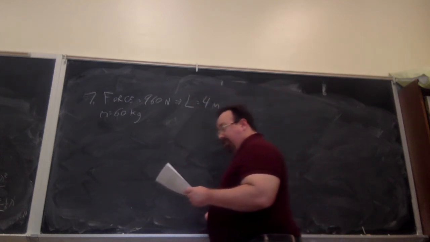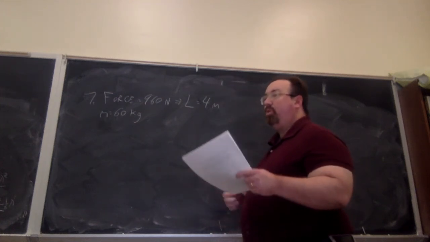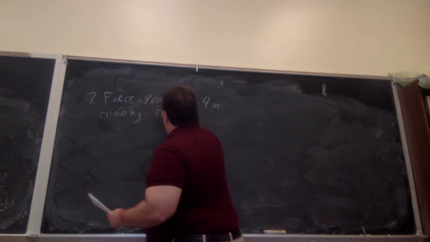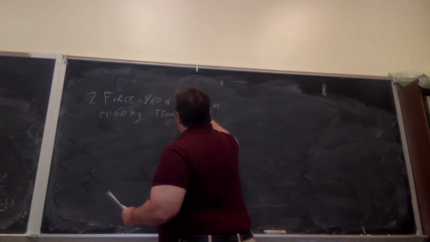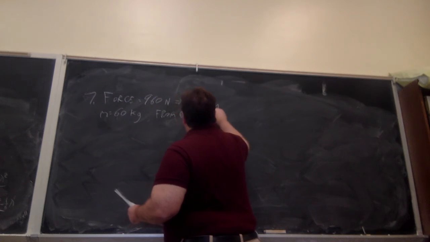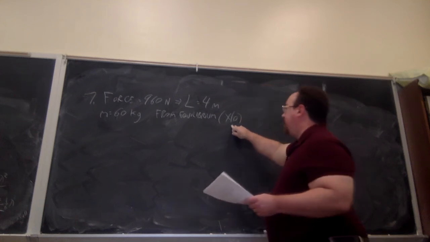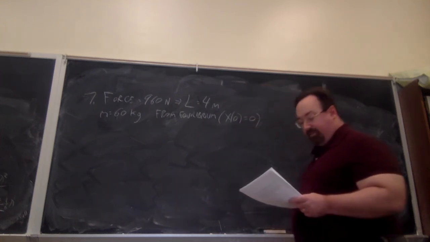So what happens is it's at its equilibrium position, so it is not pushed or pulled in any way. I could use x of t for the object on the spring. So x of 0 will be 0 because it's at equilibrium.